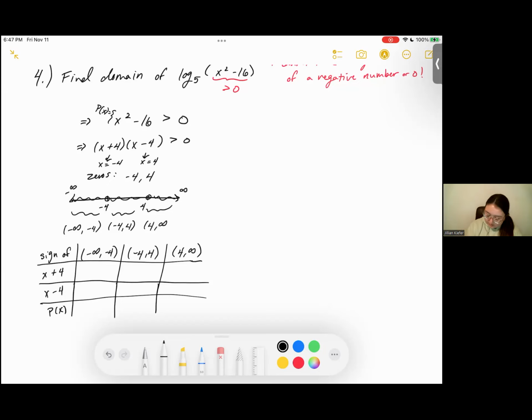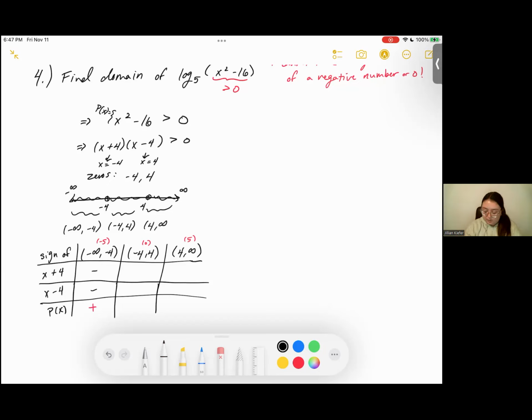So we're going to go ahead and fill in our table here. We can pick test points. So in the interval negative infinity to -4, we can say the test points are -5, 0, and 5. Plugging those in, we would see that x plus 4 is negative on the first interval, and x minus 4 is also negative on that first interval, which means that our polynomial is positive on the first interval.